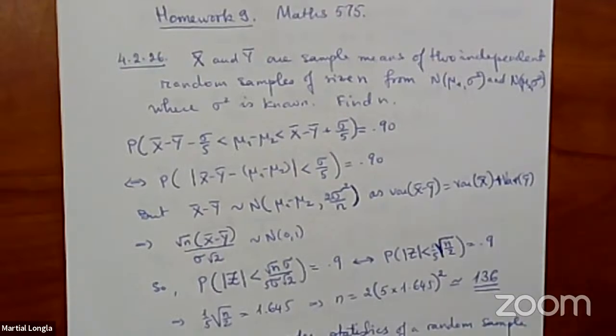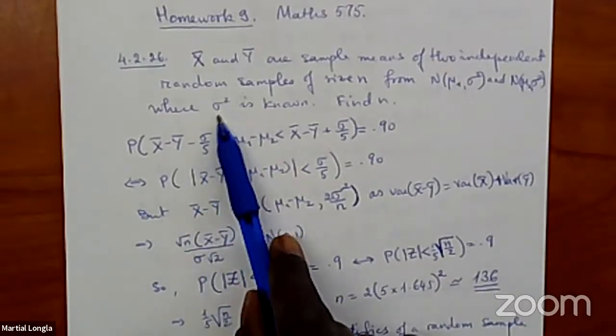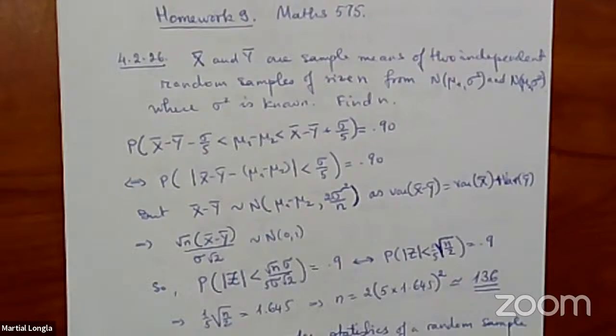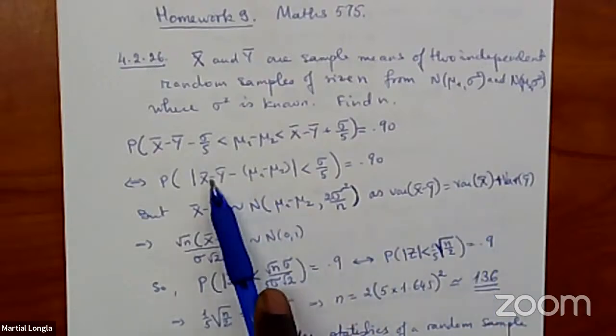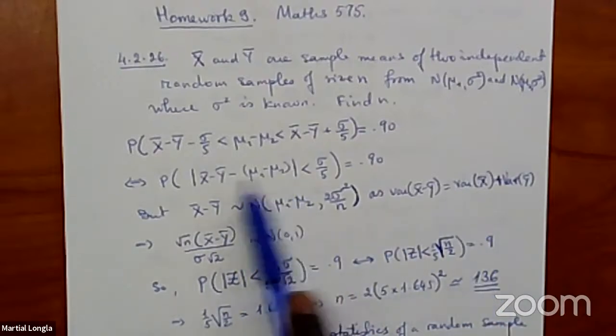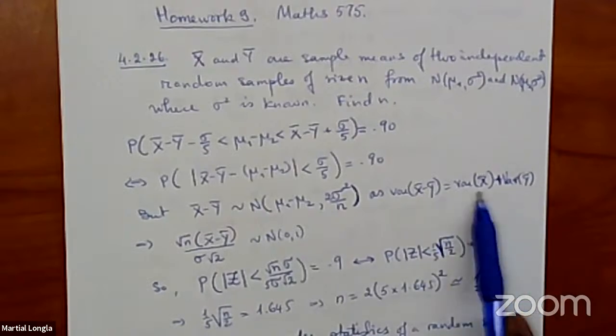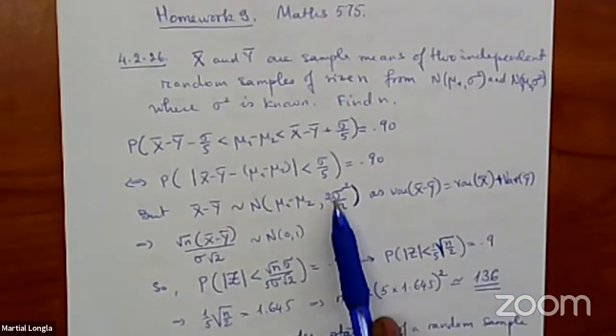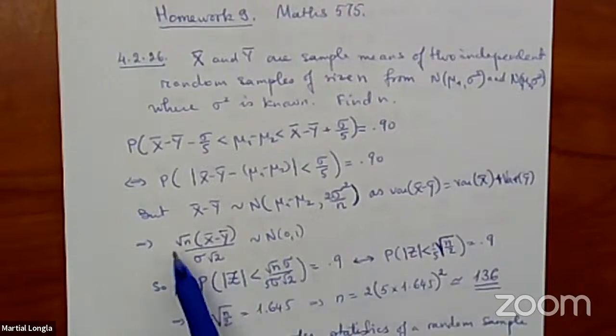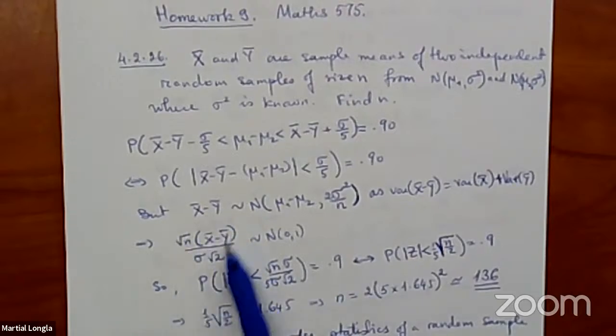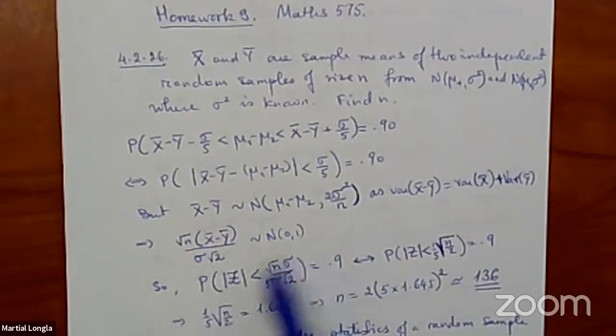And because the problem says that sigma square is known, you don't need to estimate it. That's why there is no t in this problem. And therefore, when we divide the thing that is inside here by the square root of this variance, which is square root of 2 times sigma over root n, we obtain this, which is the standard normal.